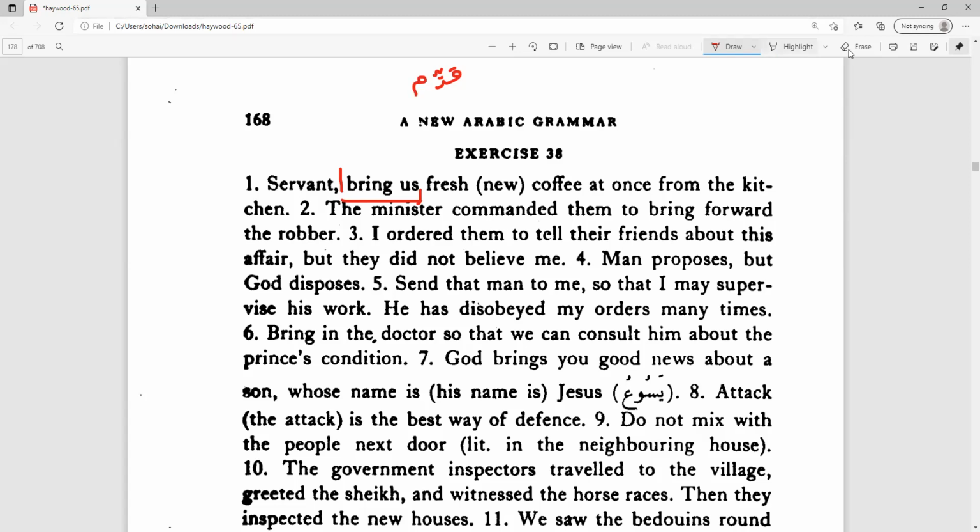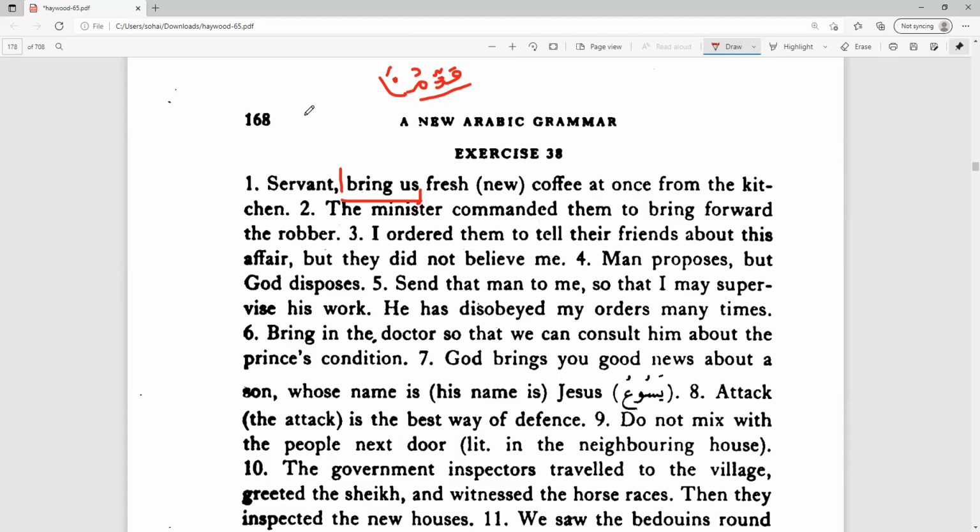Qaddimna. Qaddim is the fi'l amr. Na is bring us, so na is the object.